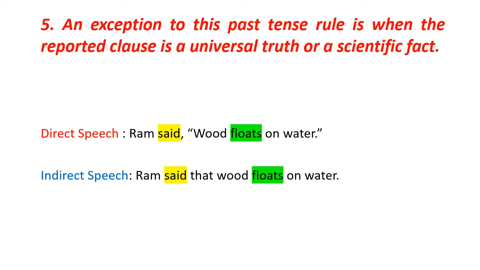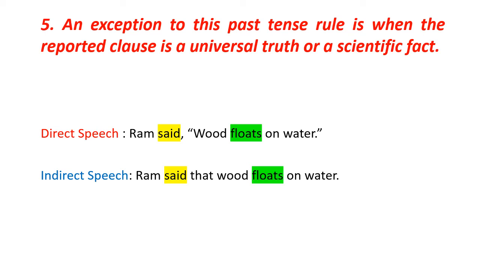We'll see how the direct speech is converted into indirect speech. Ram said that wood floats on water. Here, there are not many changes in these sentences. Only instead of the comma, we use "that". So this is very easy to convert from direct to indirect.